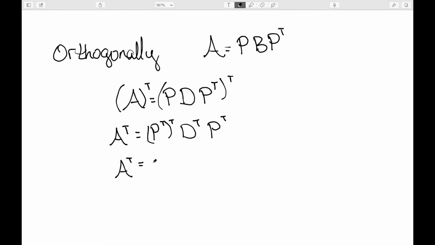Or A is equal to P. The transpose of a diagonal matrix is equal to itself. It is a symmetric matrix times P transpose. Well, this is the same thing that was equal to A. So the only way we will be orthogonally diagonalizable is if we have symmetric matrices.